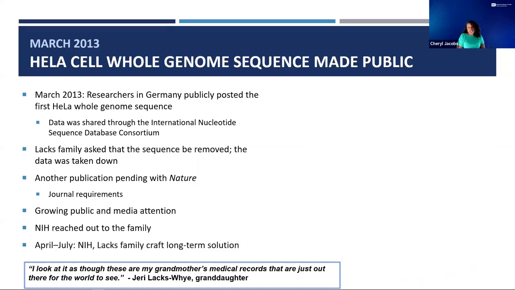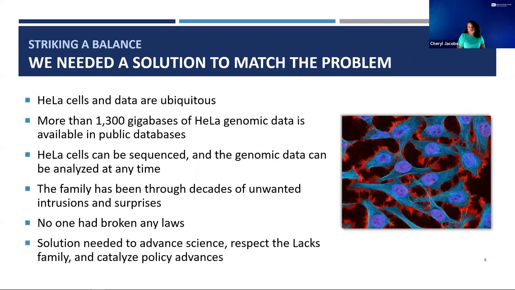Between April and July of 2013, NIH and the Lacks family looked to craft a long-term solution. But they needed a solution to match the problem. HeLa cell data is everywhere, and HeLa cells are the most widely used human cells in the world.